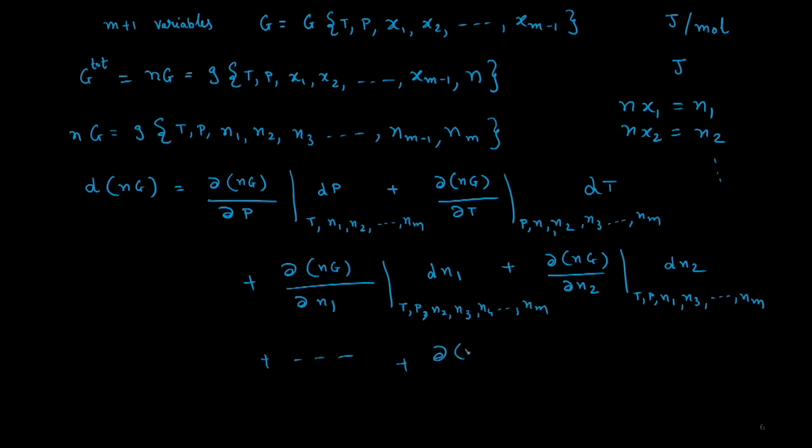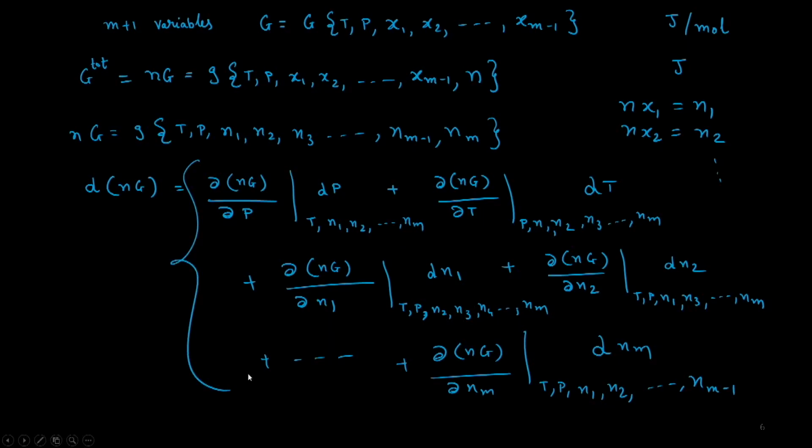And the last one would be the derivative of NG with respect to Nm when I hold temperature, pressure, N1, N2, up to N(m minus 1), times dNm. This would be the total derivative d(NG).